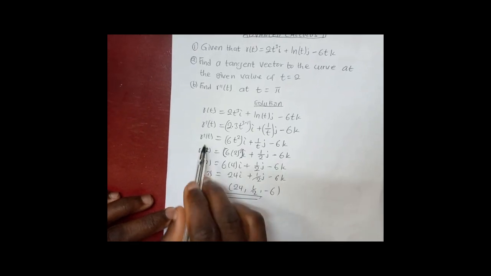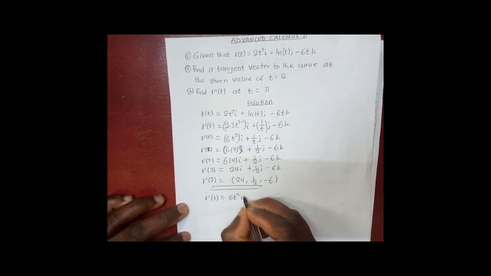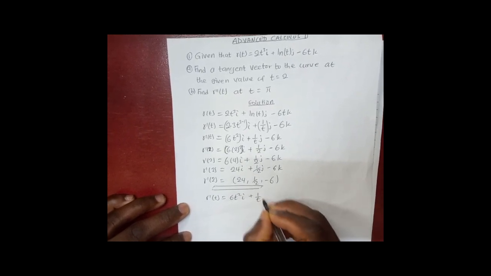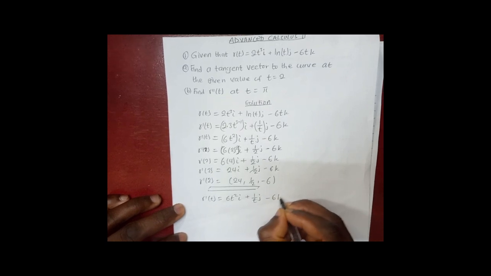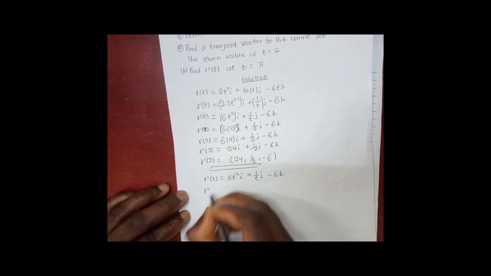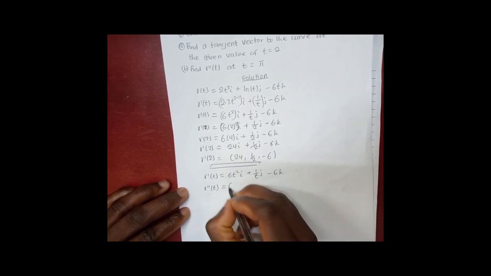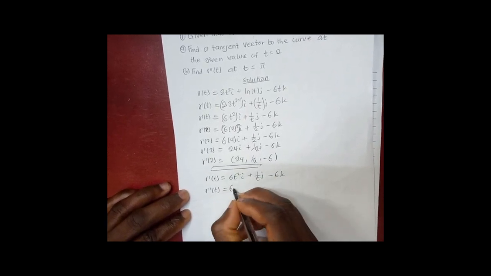Hopefully we have gotten the first derivative, which is 6t exponent 2 i plus 1 over t j minus 6k. We are going to continue from there. To find the second derivative, we get r prime prime of t equal to 6. This 2 will drop and multiply the 6.